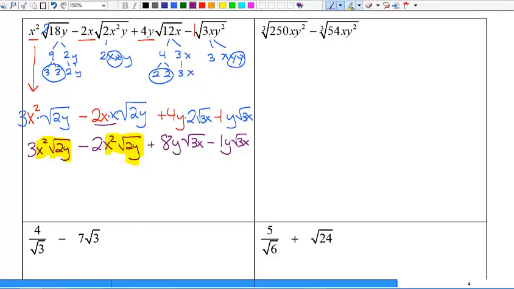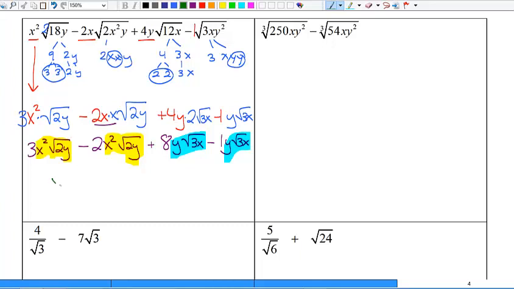So in this case, when you have both radicals and variables, you need to have them both the same. So these two look the same. X squared root 2y, x squared root 2y, and y times the root 3x, y times the root 3x, those are the same. So we have two sets of like radicals.